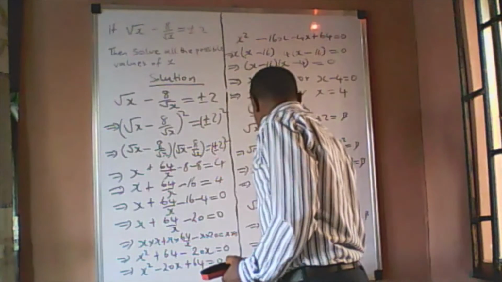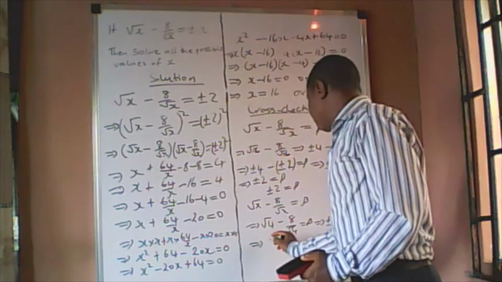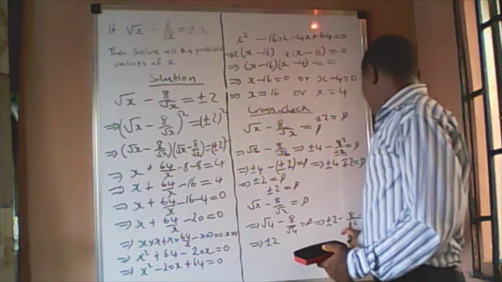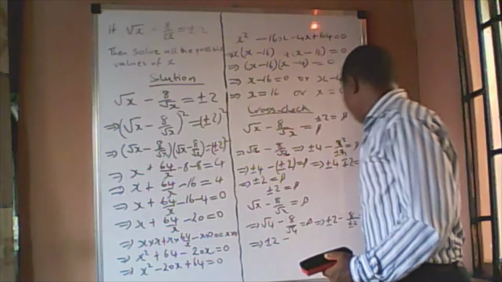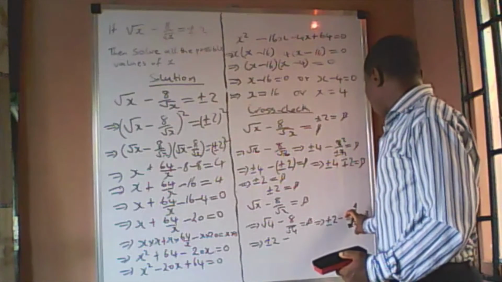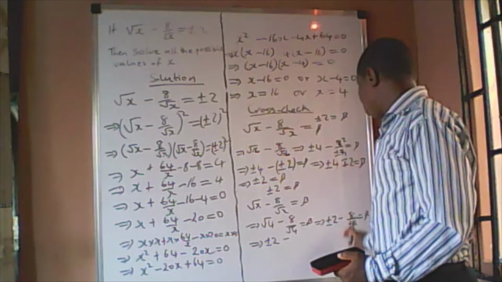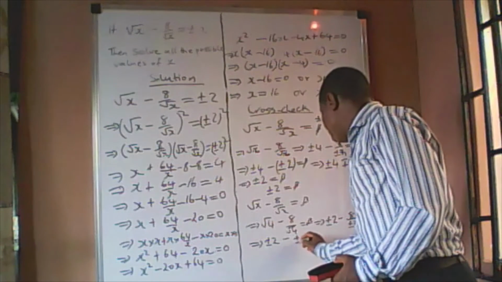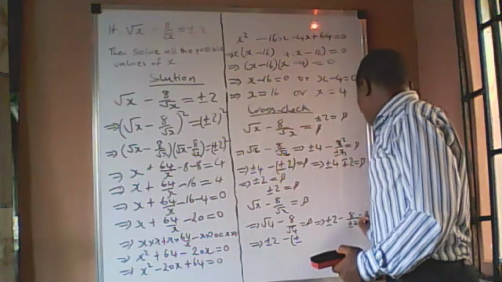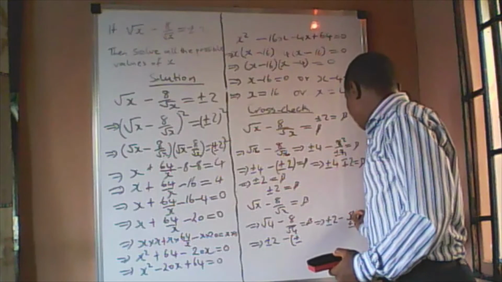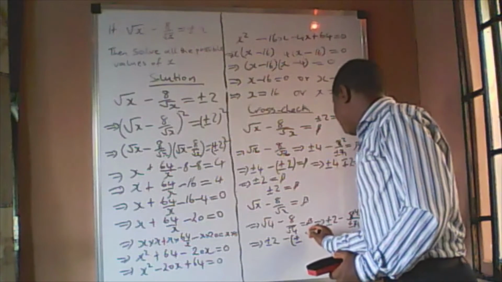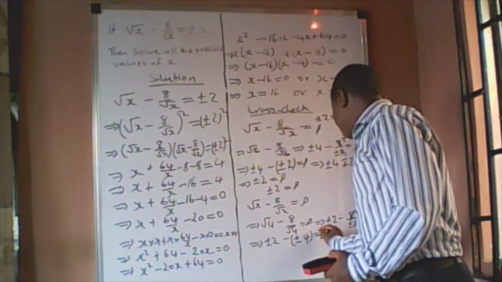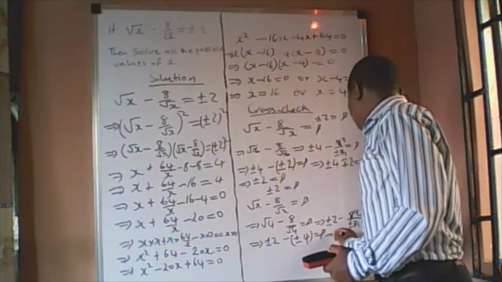Plus divide plus will give us plus. That means we have plus or minus 2 cancels, 1, 8 cancels, 4. You have 4 equal to beta.